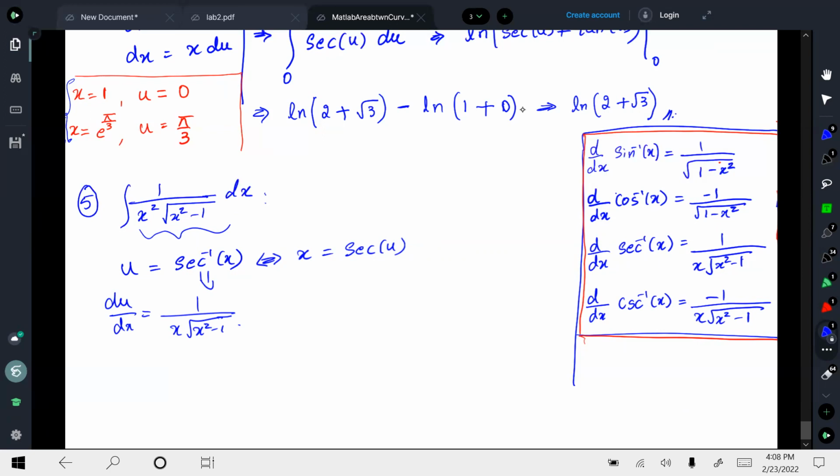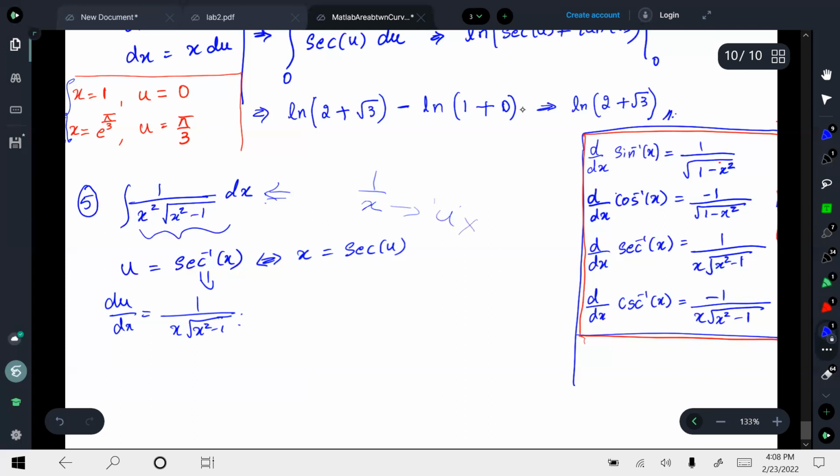When I plug this into the integral, the leftover term will be 1 over x, and this is not in terms of u, so I will not be able to integrate. That's the reason I'm not taking the derivative of u. Instead, I will take the derivative of x.